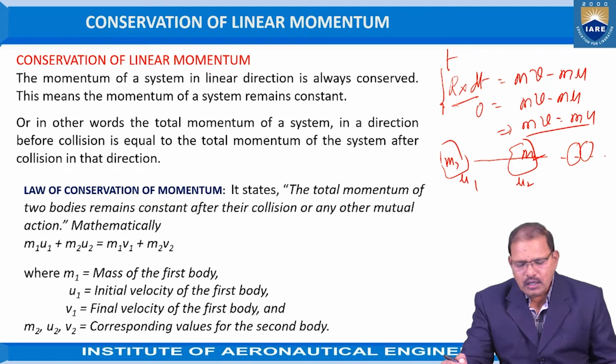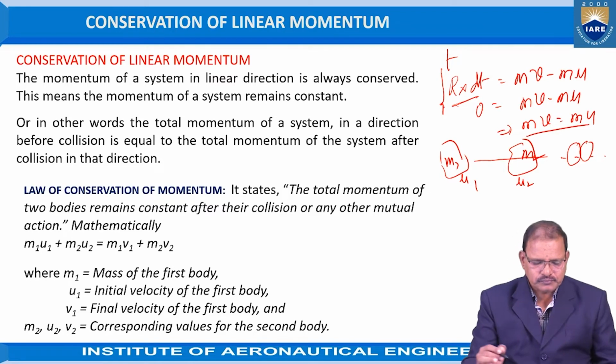According to the law of conservation of momentum, the total momentum possessed by the bodies before the collision remains constant after the collision also. This happens only when the resultant force acting during the impact is equal to 0.